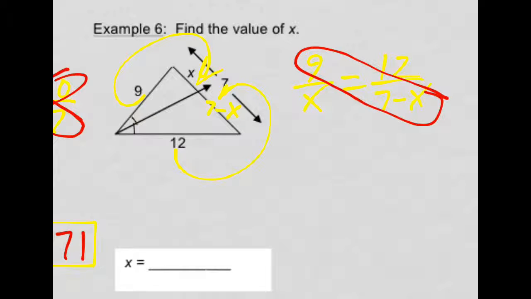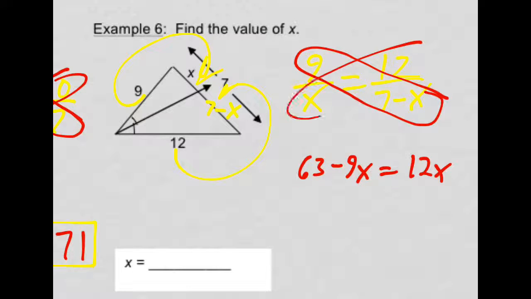Don't let those two x's scare you. Now we've got 9 times 7 is 63, and 9 times negative x is minus 9x equals 12x. And there's our 12x.